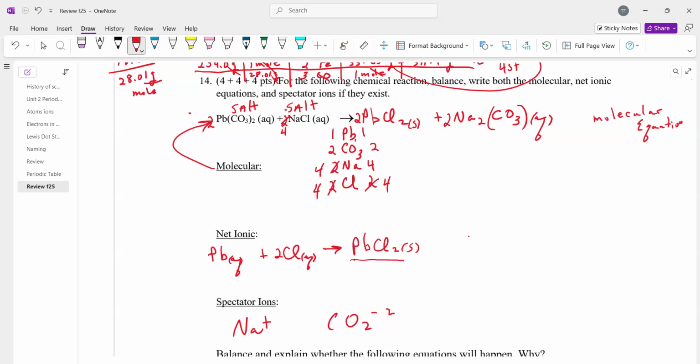Two leads on both sides. Okay, now it's balanced.